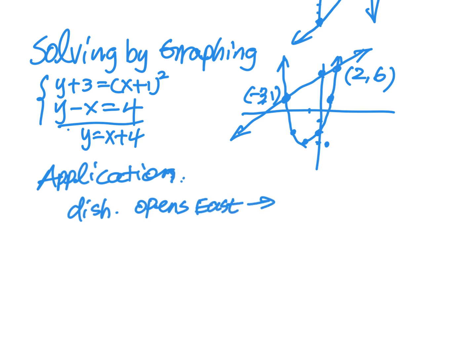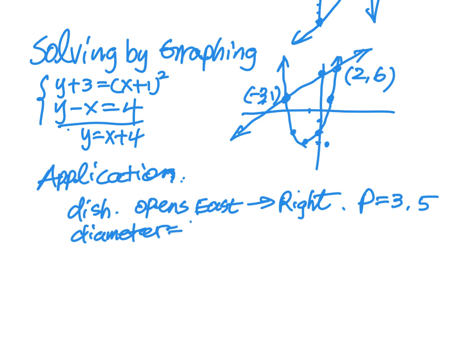That means what? To the right. If they gave you P equal to 3.5, and then the diameter is 18, they ask you for the depth.